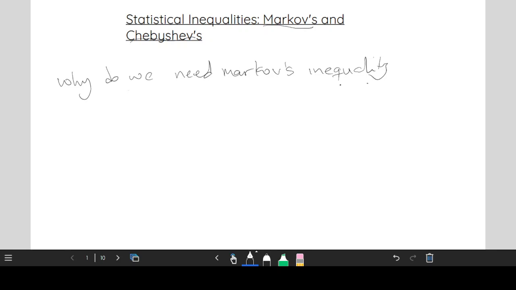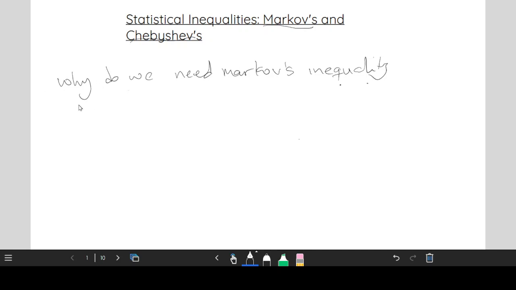So it gives you an upper bound on the probability that a non-negative random variable takes a value that is very large using only the mean. So first, let's state it clearly.